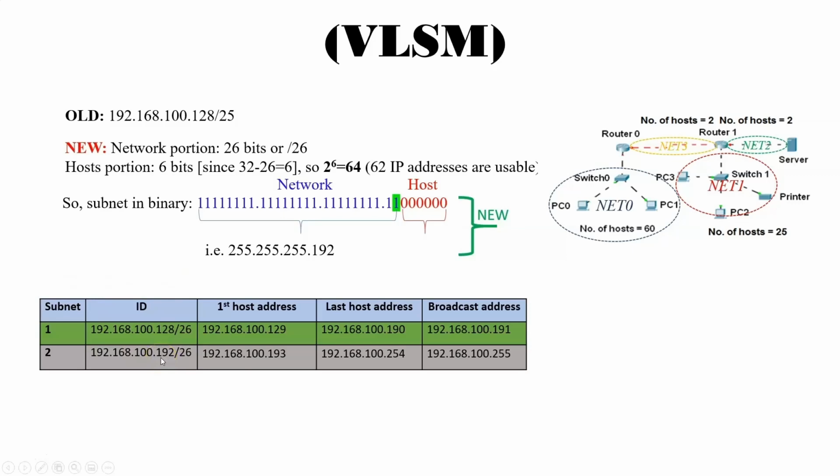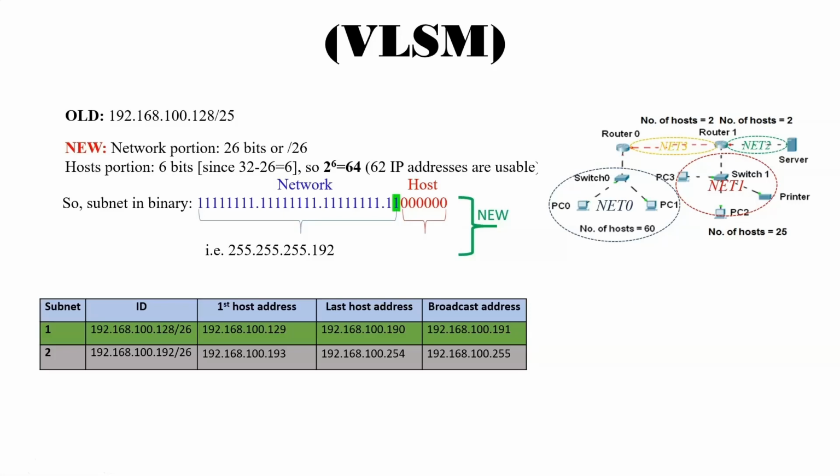The network ID is the starting of the subnet. The first IP of the subnet is the subnet ID. So the next subnet is 192.168.100.192/26, now we have 26 bits for the network.